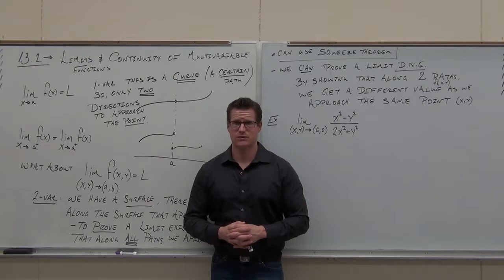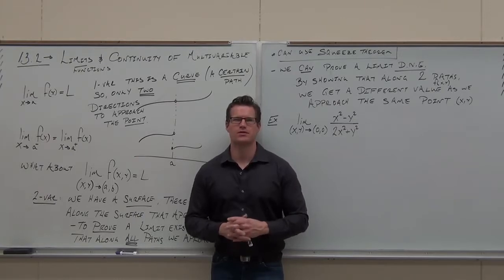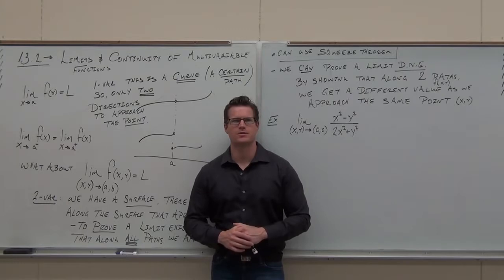Do you know how to take derivatives with two independent variables? Yes. You do? How? Oh crap, you have physics, don't you? You suckers. Not yet. Next section. It's weird. But no, because what would you do with your partials? Partial derivatives, what are you going to do with that as far as your limit's concerned?